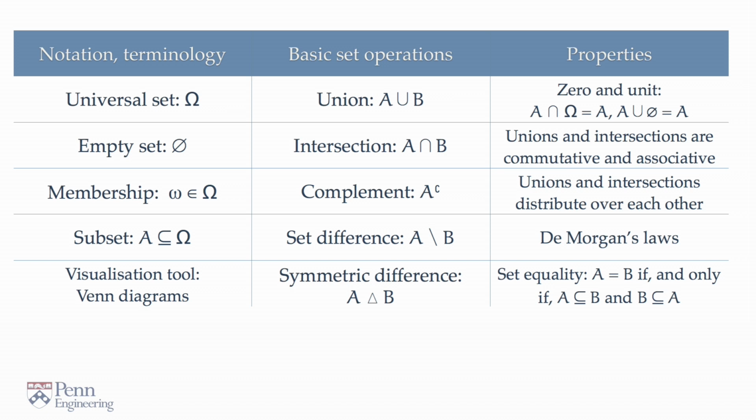From this understanding, we can derive other deep and interesting properties, and the key one for us is that encapsulated by De Morgan's laws. The complement of a union is an intersection of complements. The complement of an intersection is a union of complements. We conclude by putting together a methodology for verifying equality.